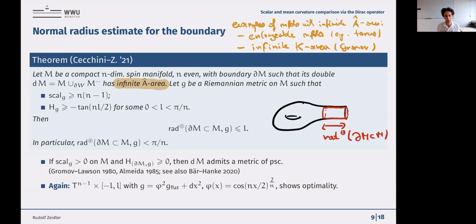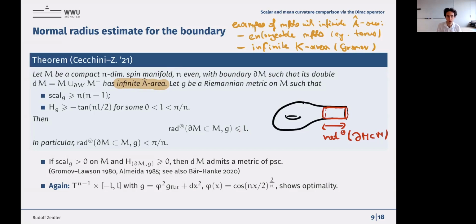And in fact, if you assume this and you put conditions on scalar and mean curvature, namely that the scalar curvature is bounded below by our favorite normalization constant n times n minus 1, and the mean curvature of the boundary is bounded below by a negative number, which is the tangent of some argument where the argument is nL/2 and L is strictly between 0 and pi over n, then one can conclude that this normal radius is bounded above by L.